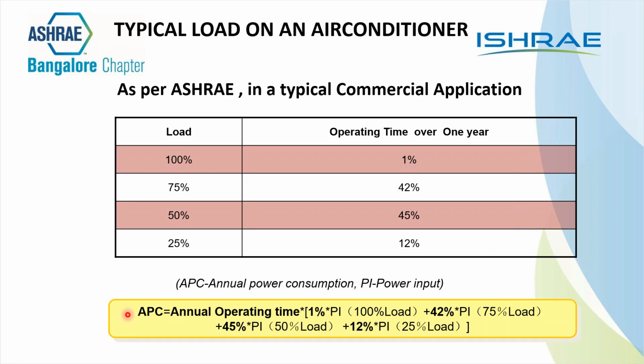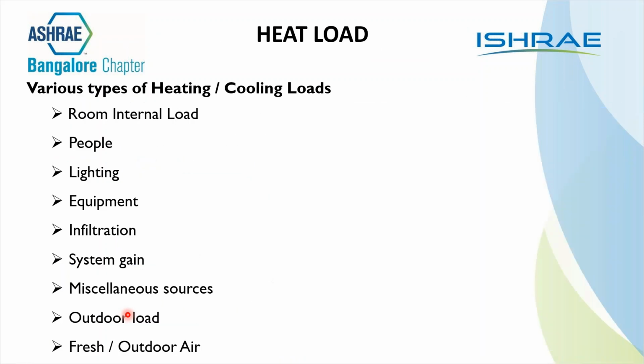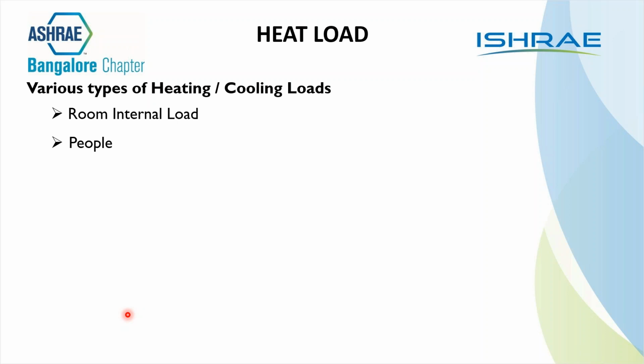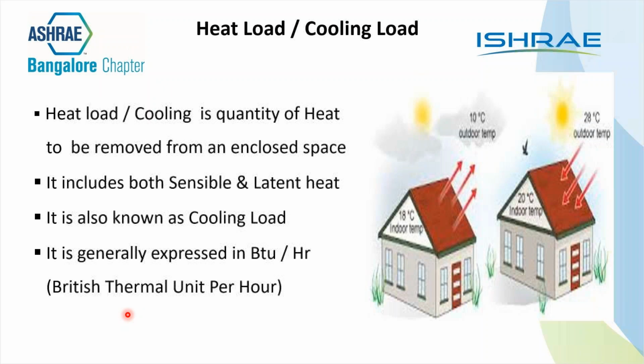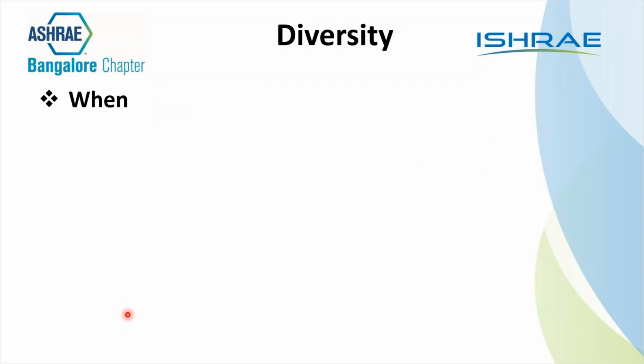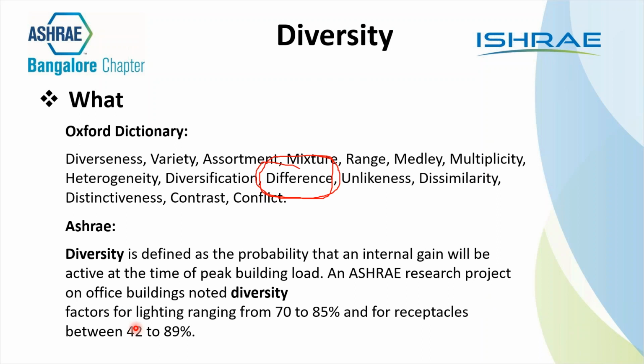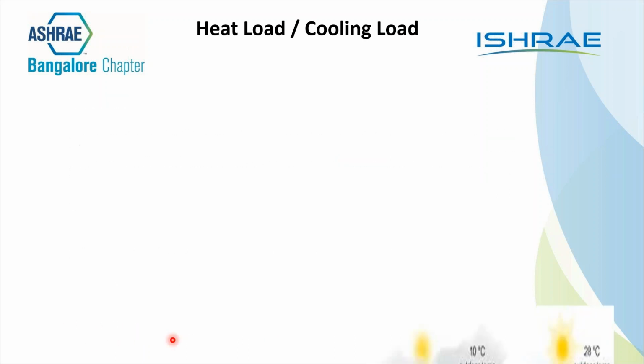So, according to the previous 2 slides which you saw, I will go back to that slide for a minute. Before the slide, what you saw here, ASHRAE says that before we took up the diversity, this is where this figure comes from, that is 70% to 85% and 42% to 89%.